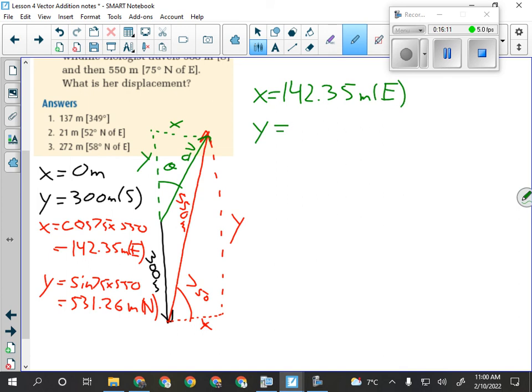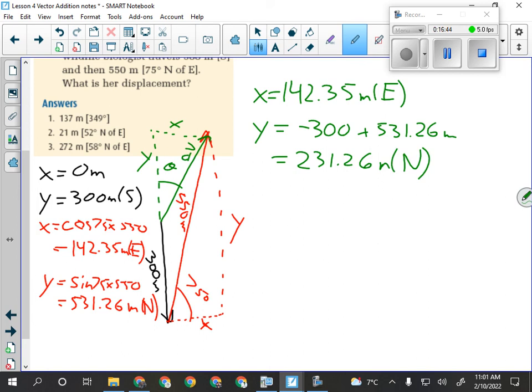Green y does require us to do some calculating, and it requires us to recognize that one of those vectors is negative because it's south. So what are we looking at? 231.26 meters north.